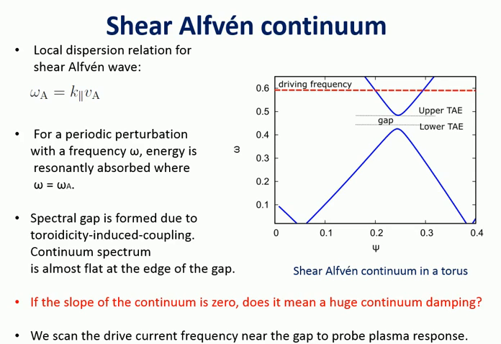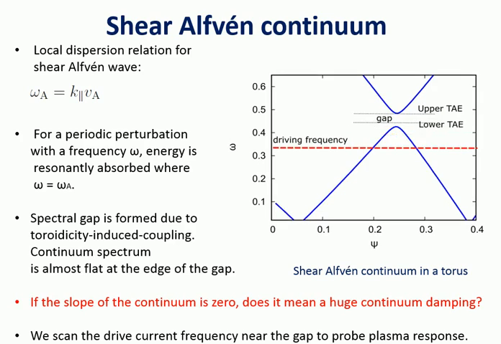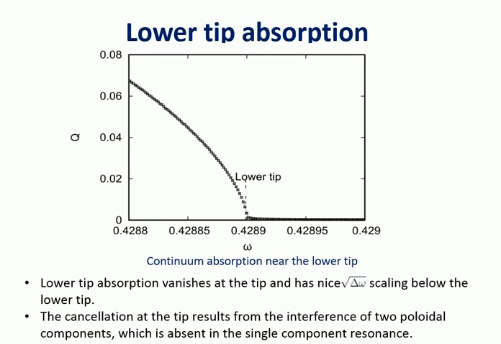So in order to fully understand the tip absorption problem, we add a tunable current source and scan its frequency from above the tip to below the tip in order to probe the plasma response. After our analytical and numerical efforts, we find that at the lower tip, continuum absorption always vanishes because of the negative interference of two toroidal components.